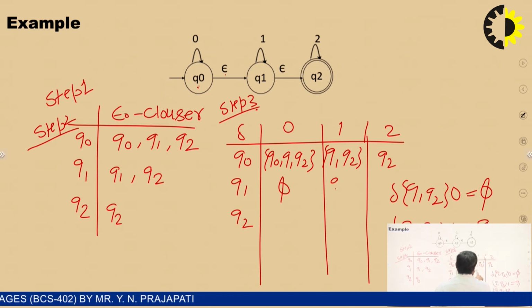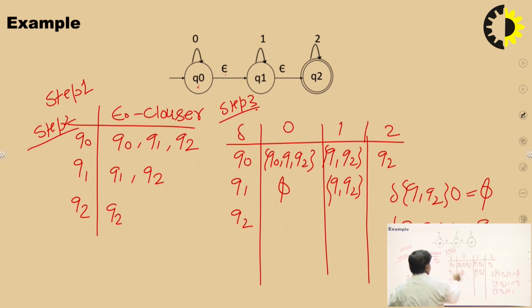So only Q1, and the closure of Q1 is Q1 and Q2. And on 2, here is Q2. Very simple. Similarly, we follow these steps.